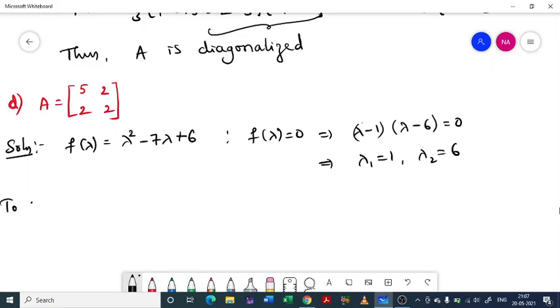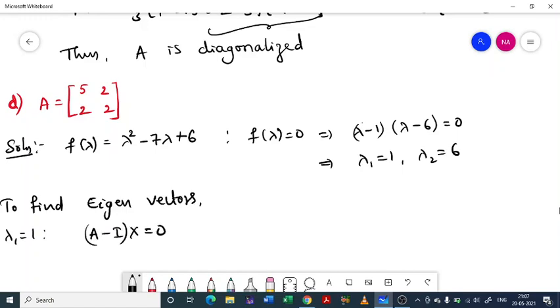To find eigenvectors, for lambda 1 equal to 1, (A minus I) into x equal to 0 implies [[5 minus 1, 2], [2, 1]], that is [[4, 2], [2, 1]], into (x, y) equal to (0, 0).